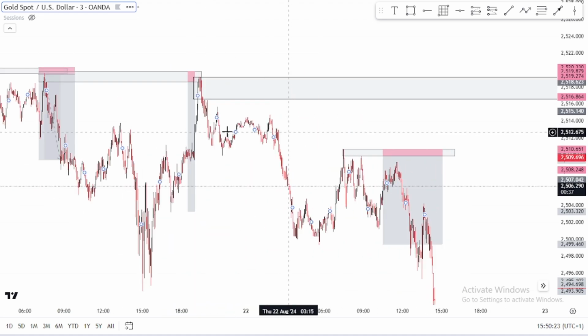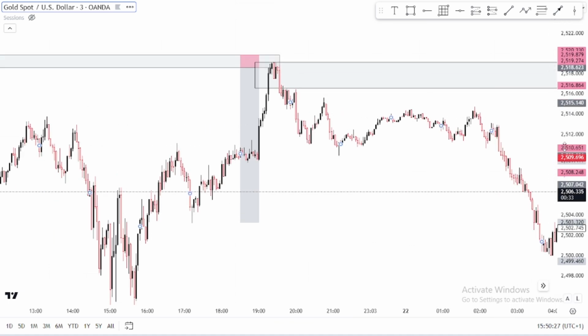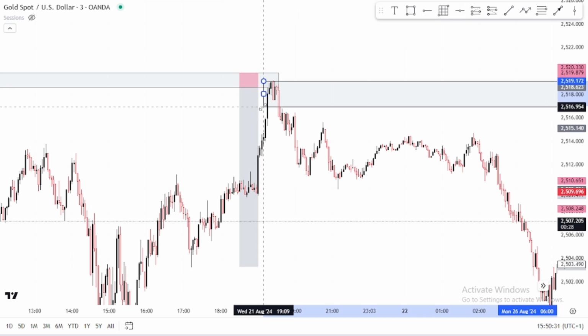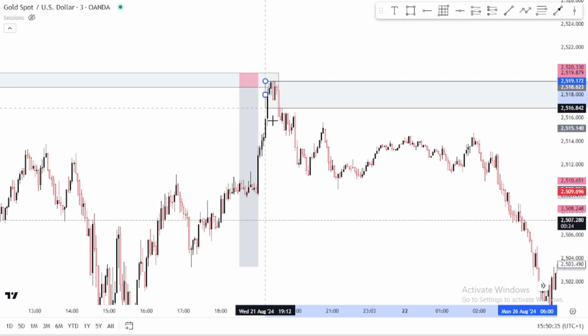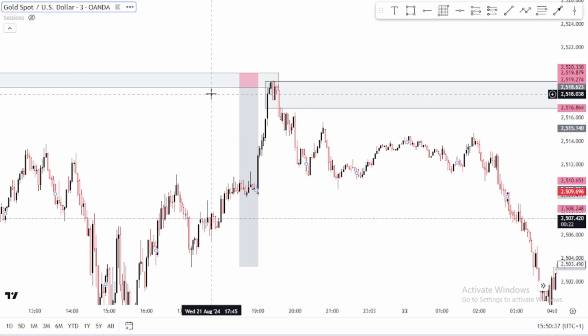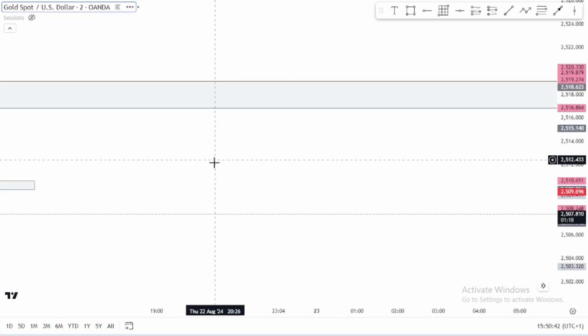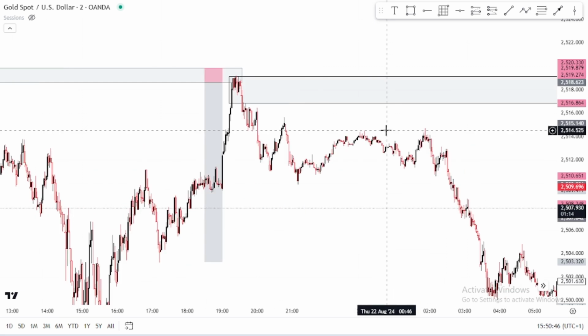On 3 minutes too, it is only one order block, but I just adjusted it because price is going to go above this particular high, so I adjusted it to this particular area here. Then I went down to the next lower time frame. I think I checked the 2 minutes time frame, and it's still the same thing. Then I moved down to the 1 minute time frame.